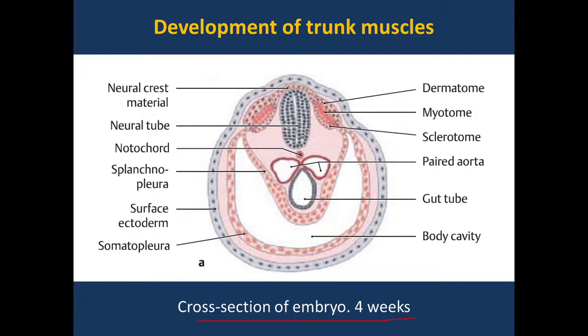First is the ectoderm. Here you see ectoderm, and it is a gray color. And from ectoderm the neural tube is developed.